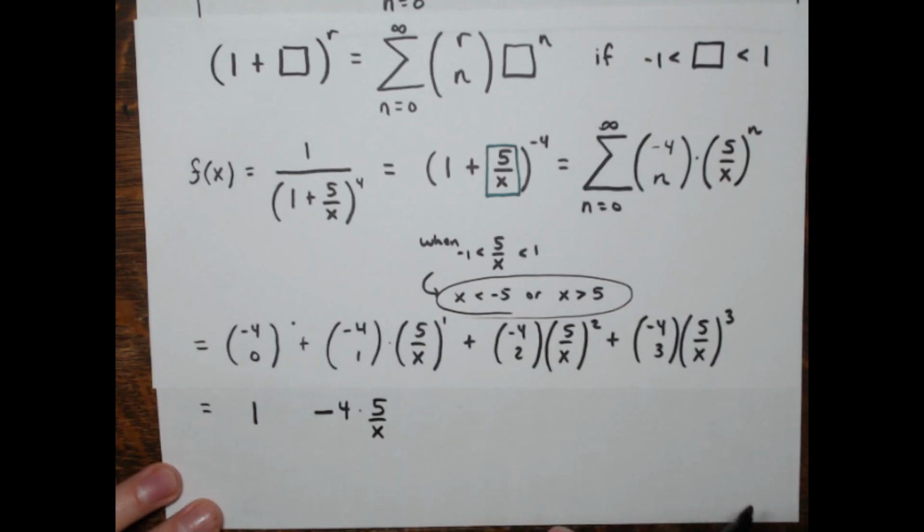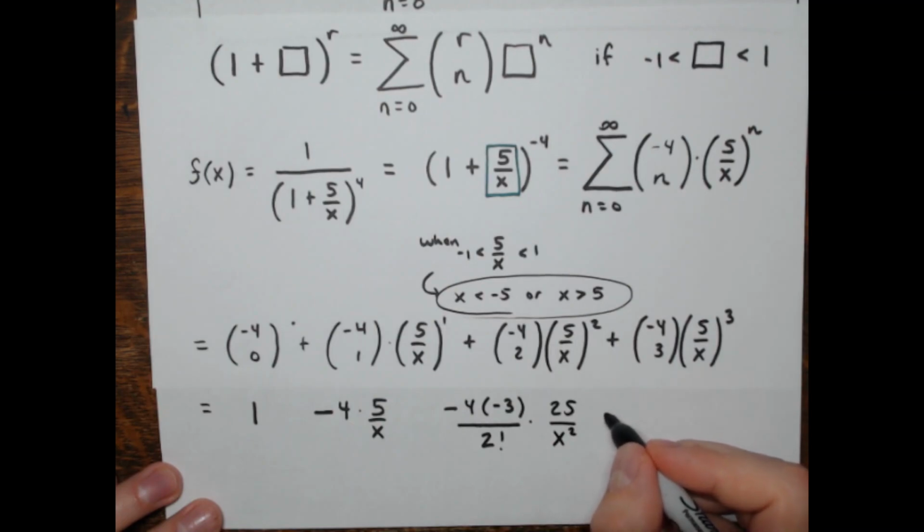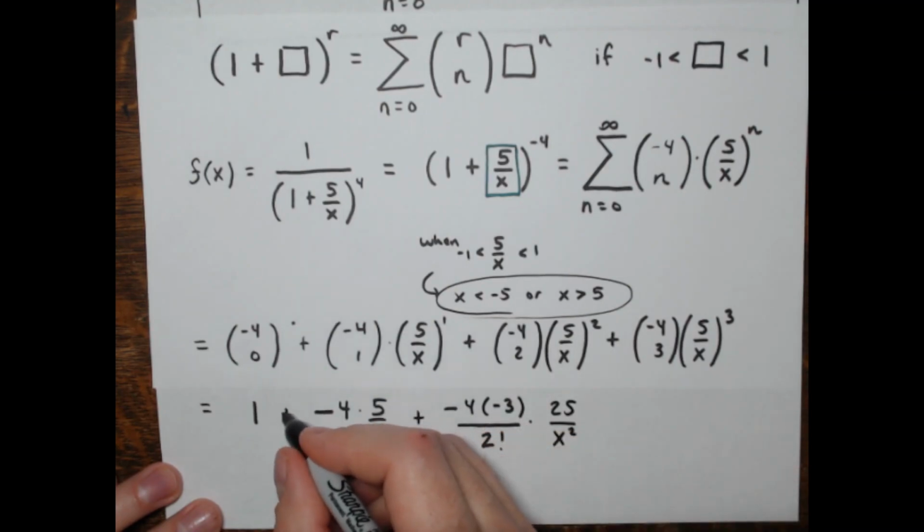So that'd be minus 20 over x. Negative 4 choose 2 is take negative 4 and multiply it by negative 3. That's 2 factors, and then this gets divided by 2 factorial, times 5 squared, which is 25 over x squared.